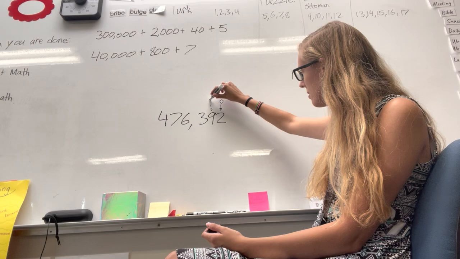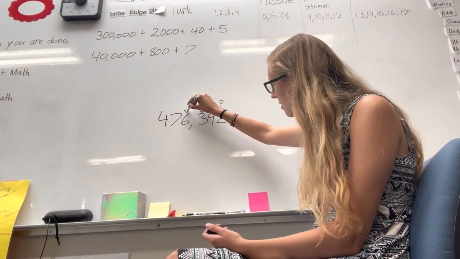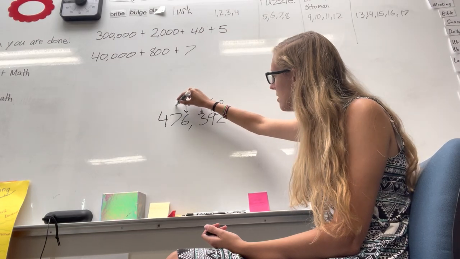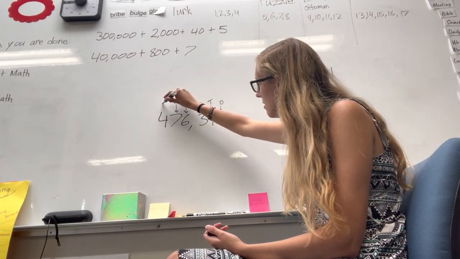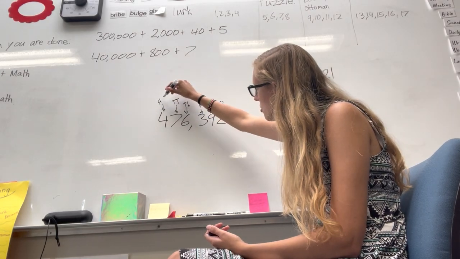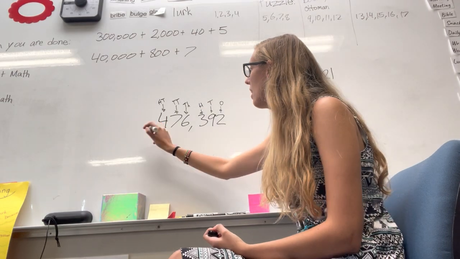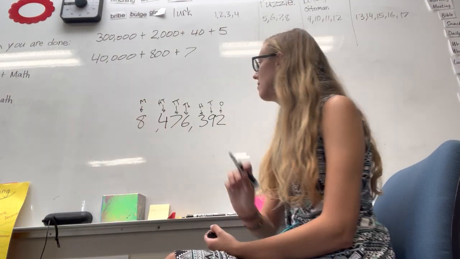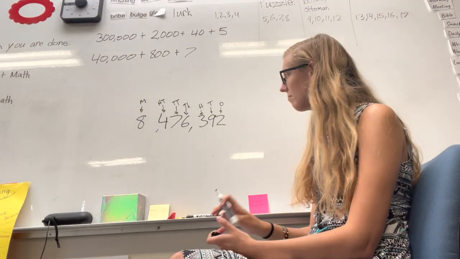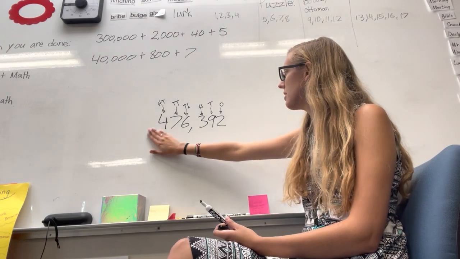Tens, hundreds, thousands. Oh, this one gets harder. 10,000s, 100,000s. And then we could get even bigger, add another comma, and get to 1,000,000, like that, all right? But we will just stick with our 100,000s for today.